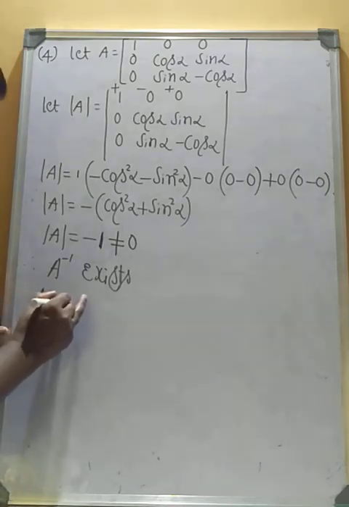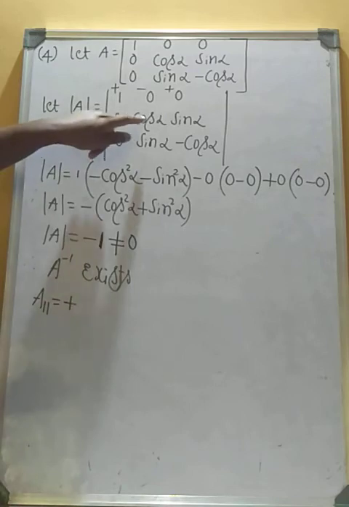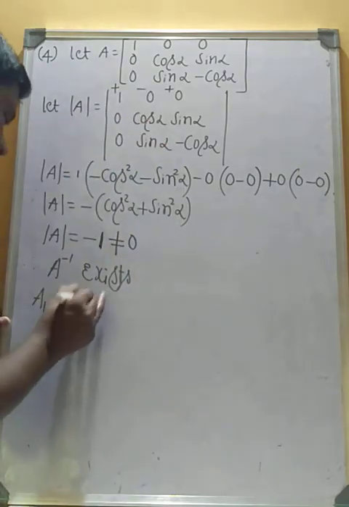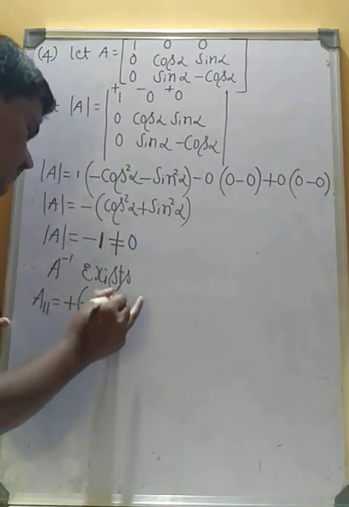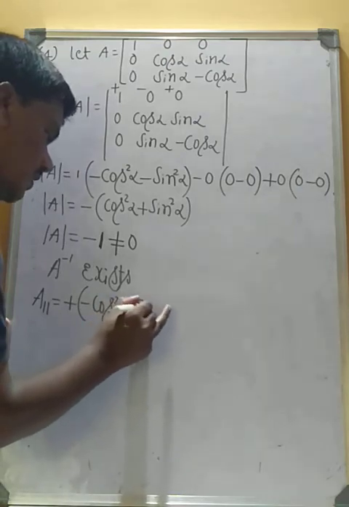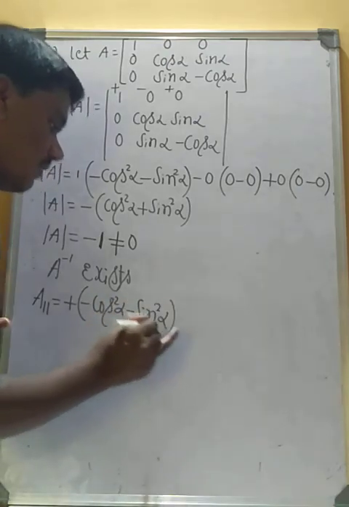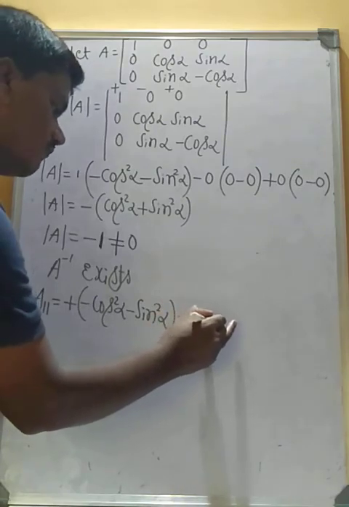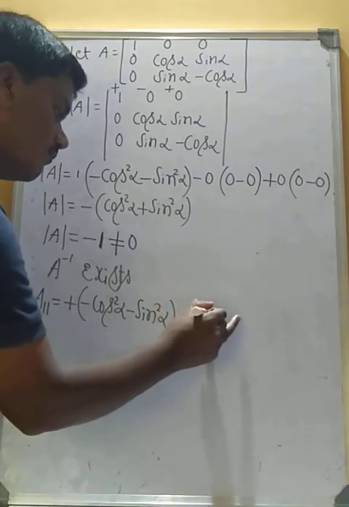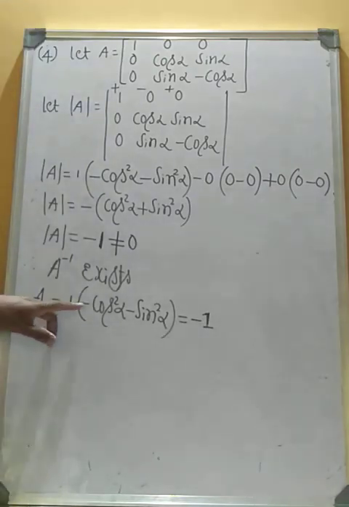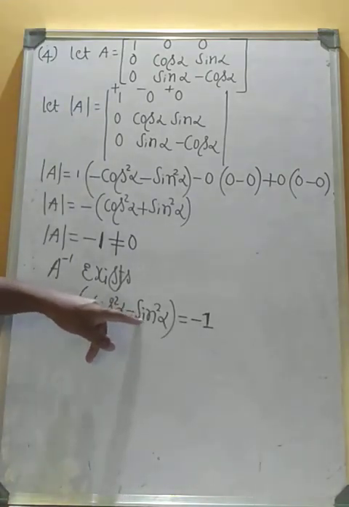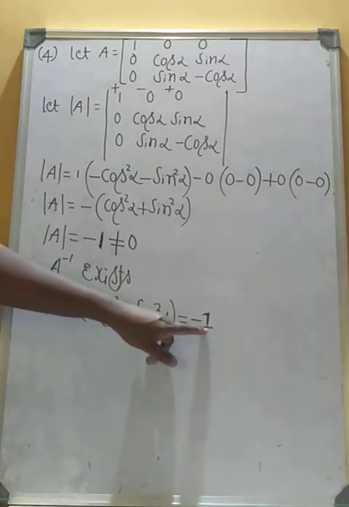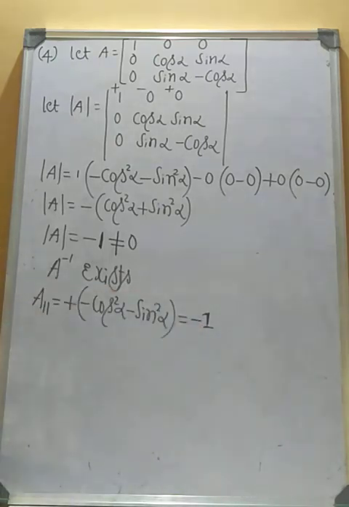A11, take sign plus: minus cos square alpha minus sin square alpha. Minus common, so take common minus, plus cos square alpha plus sin square alpha is value 1. So therefore minus 1.